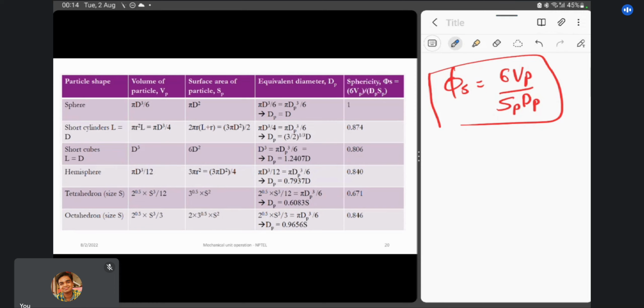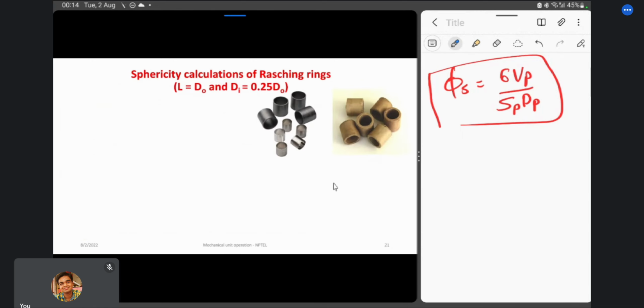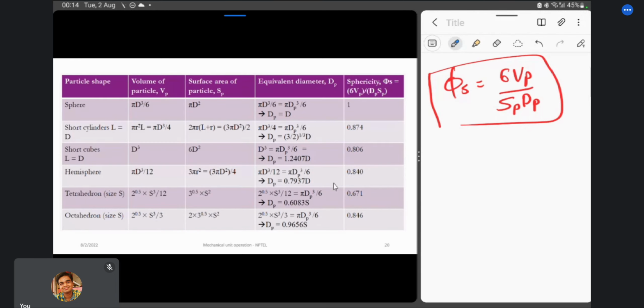And then you can find the sphericity of any kind of particle. Even for the hemisphere, we directly calculate 0.840, and for tetrahedron and octahedron also you can find the sphericity. Now sphericity has a range. It's not like it's always in the range of 0.6 to 0.8.